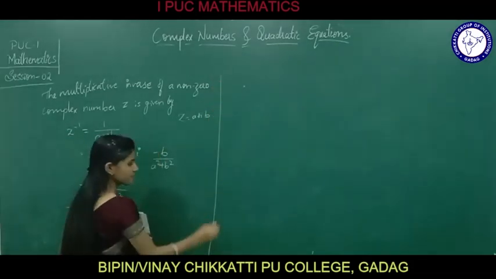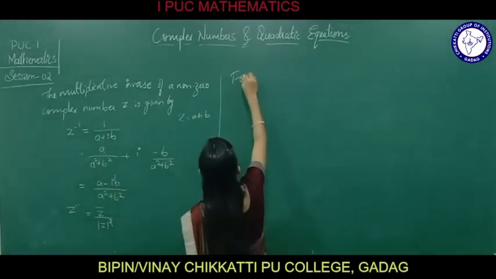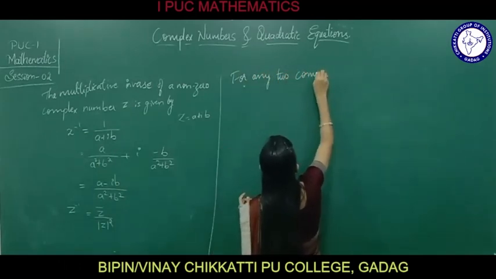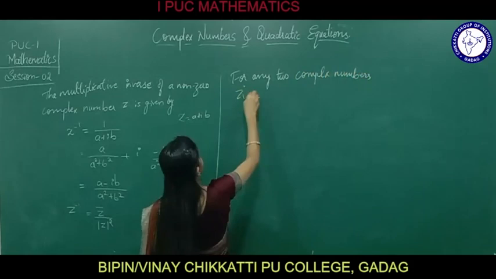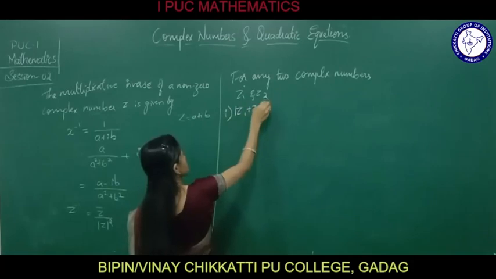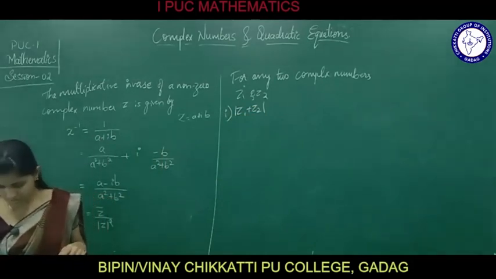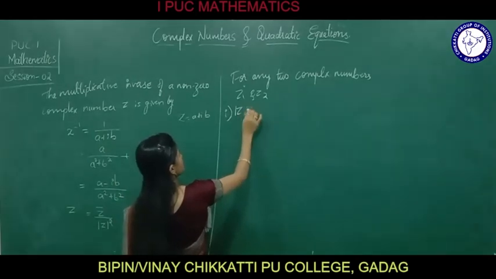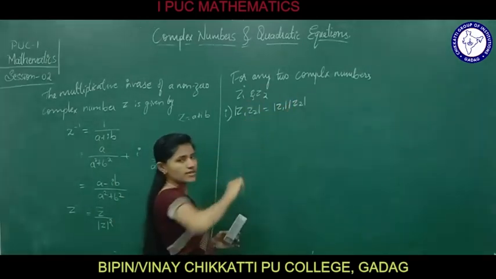What happens for any two complex numbers z1 and z2? How are we going to write mod of z1 into z2? Mod of z1 into z2 can be written as mod of z1 into mod of z2.